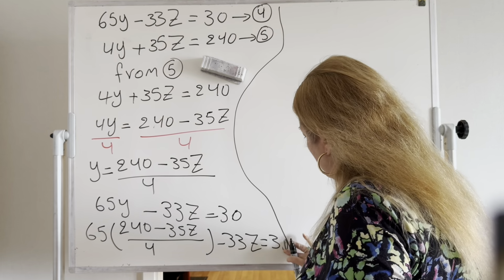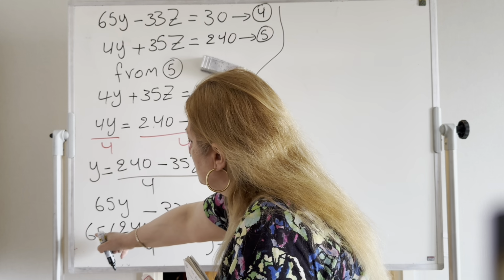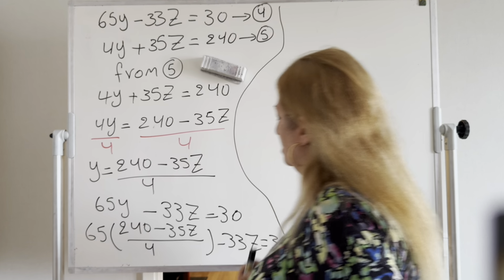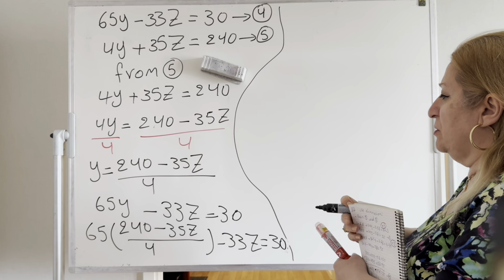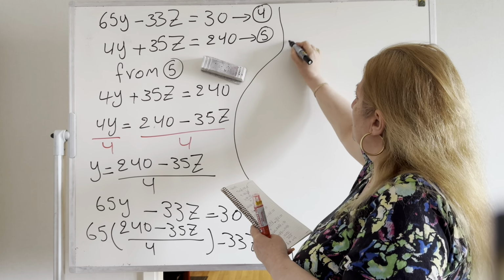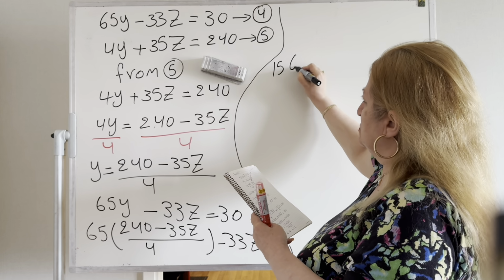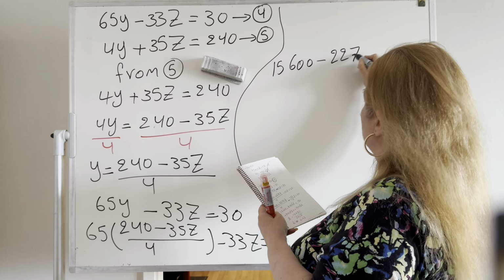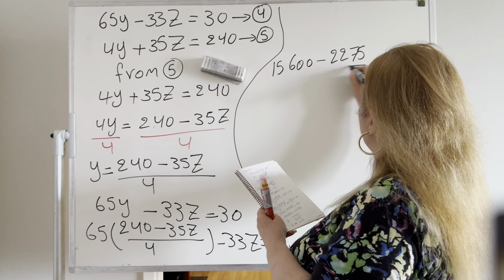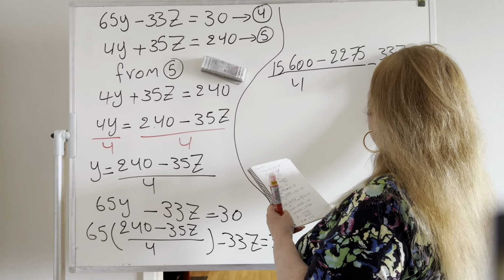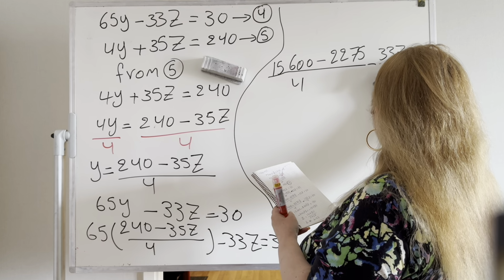And I will multiply 65 with 240 and then with minus 35z, and I will get 15,600 minus 2,275z divided by 4 minus 33z equal 30.